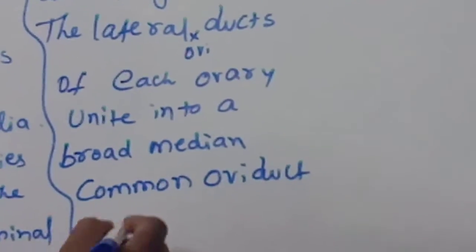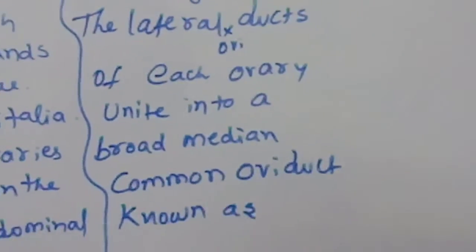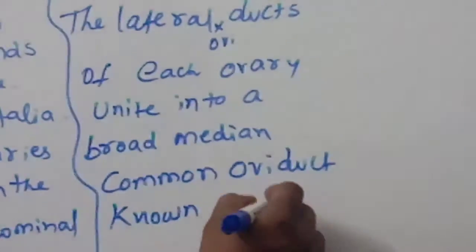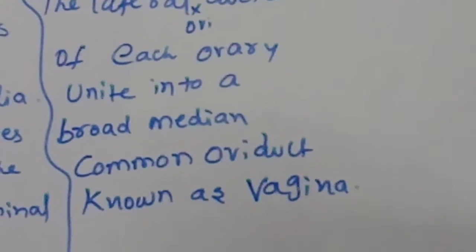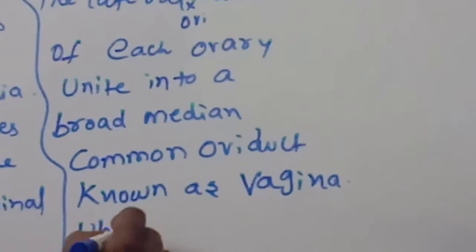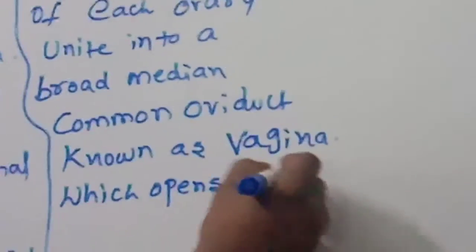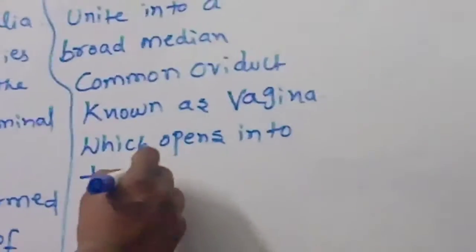Common oviduct is known as vagina, which opens into the genital chamber.